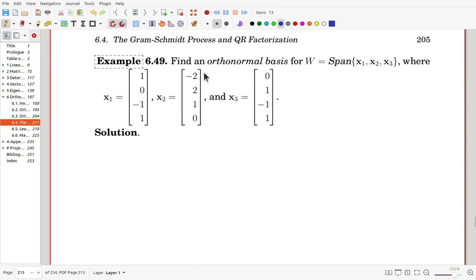Find an orthonormal basis for W, that is the span of x1, x2, x3. So we have to apply the Gram-Schmidt process to get an orthogonal basis, and we can do normalization simultaneously. However, in that case, the output will involve non-integer values, so it is a little bit complicated.